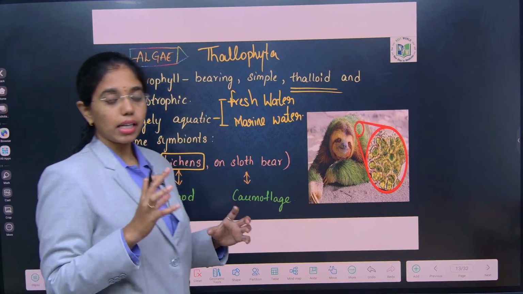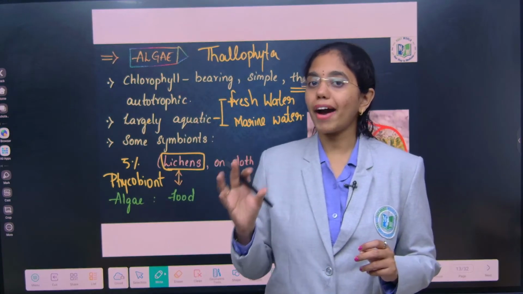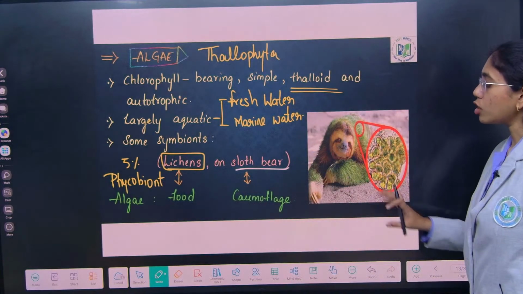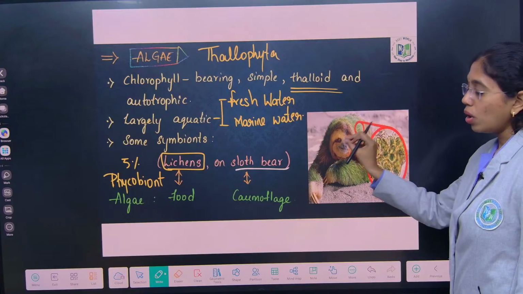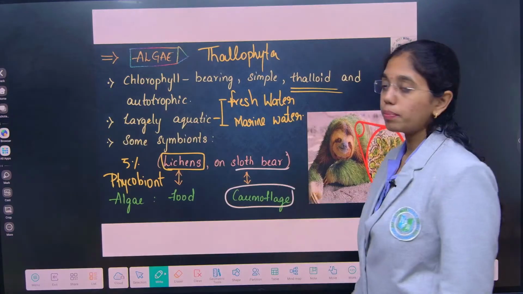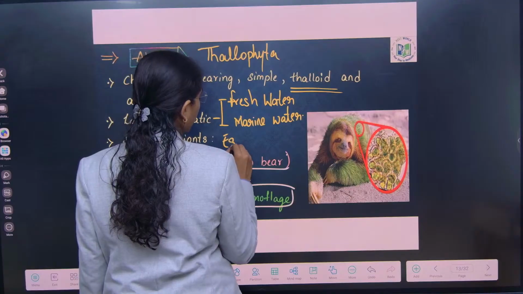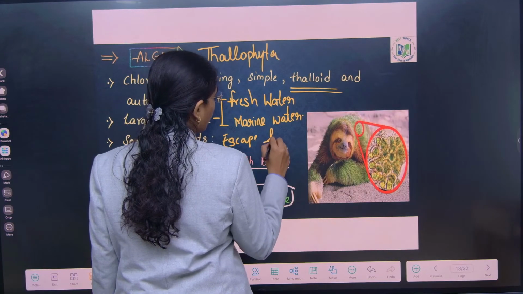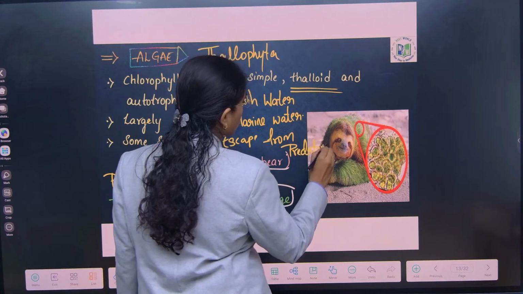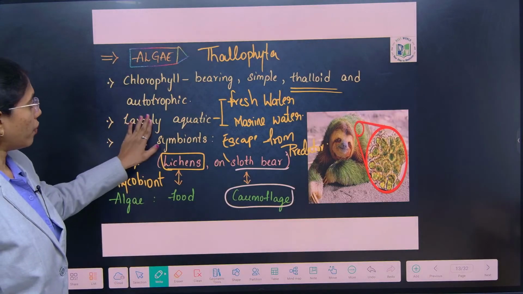Then, over the sloth bear, the algae will grow, and this gives a camouflage where the sloth bear can escape from predators, whereas the sloth bear in turn gives shelter to the algae. These are different modes of habitat.